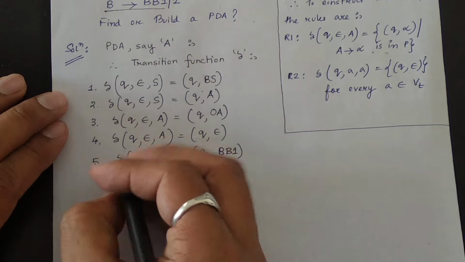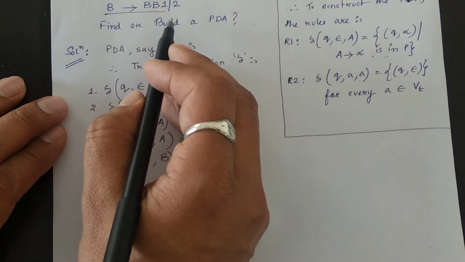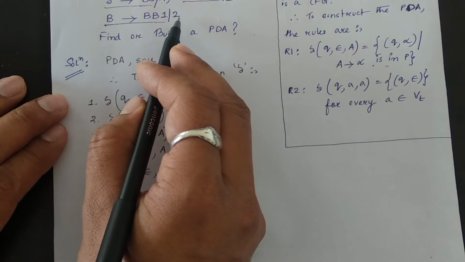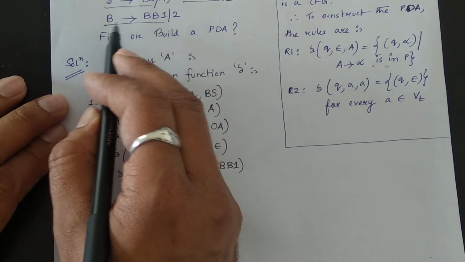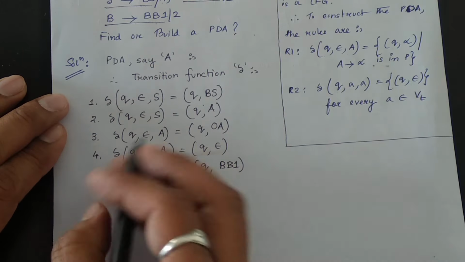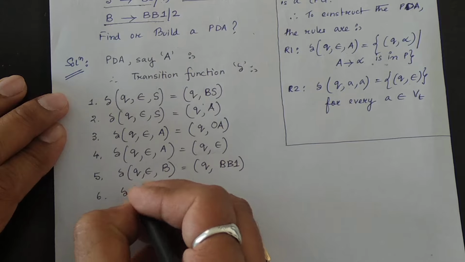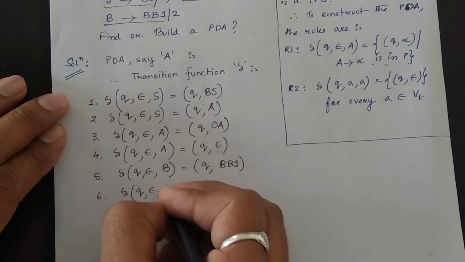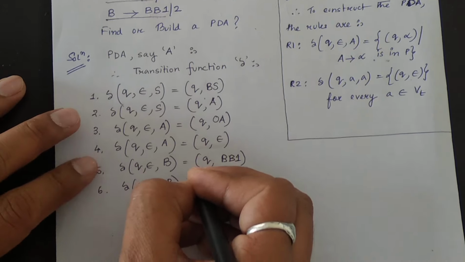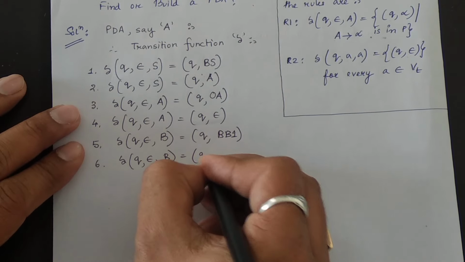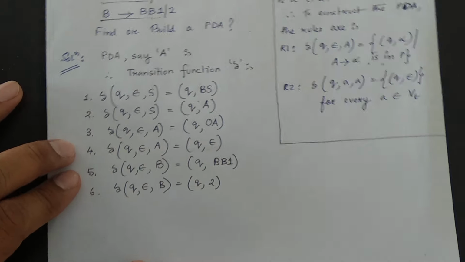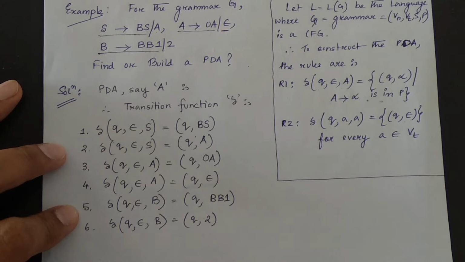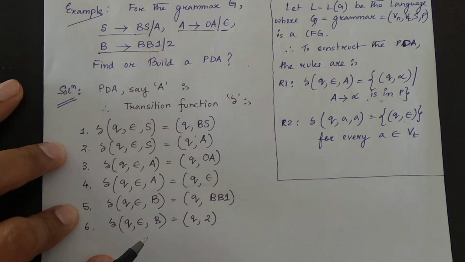Then again I have to write down the same thing for the other transition, B implies 2. This is also of the form A tends to alpha. So I write 6, delta Q epsilon B, then for B I write Q, number 2. So here I have written down all the A tends to alpha format.